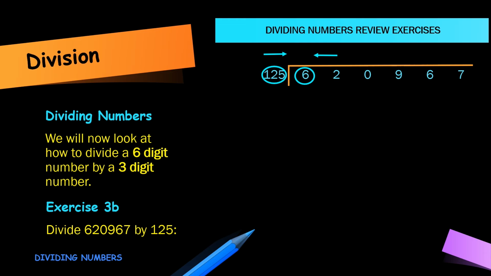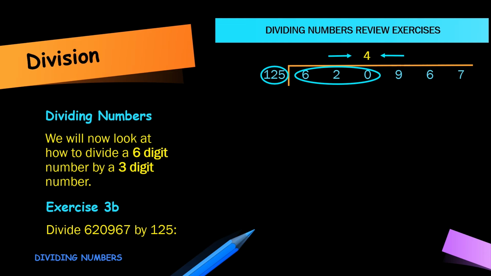Then check how many times 125 goes into 62. There are no 125s in 62, so we put nothing here. Now check how many times 125 goes into 620. Clearly there are 4 125s in 620, so we put 4 here.